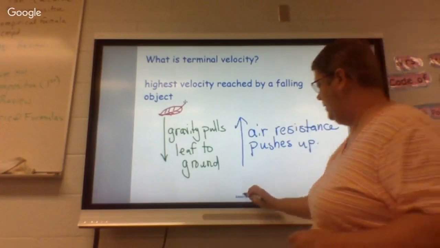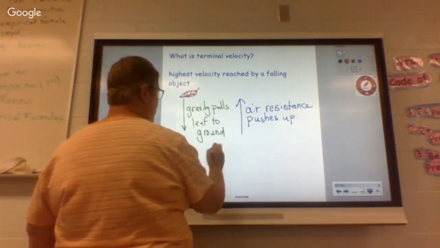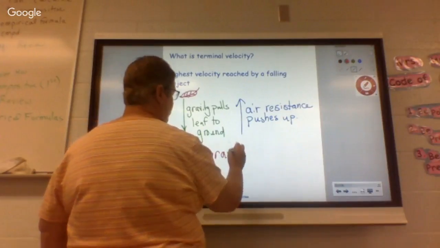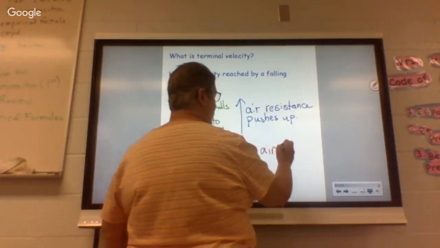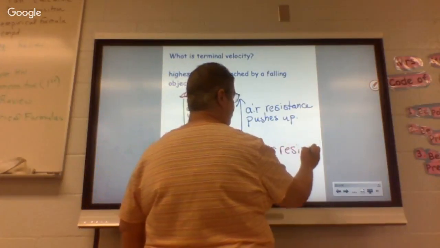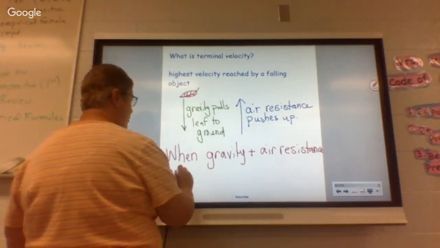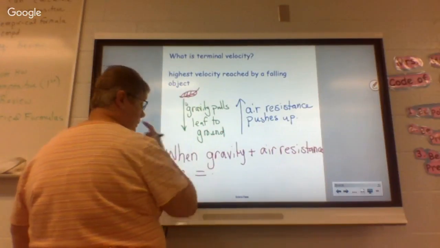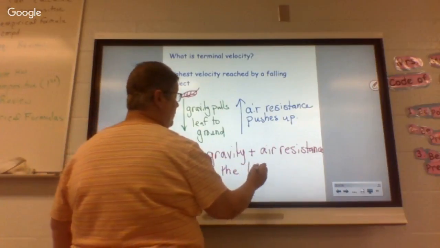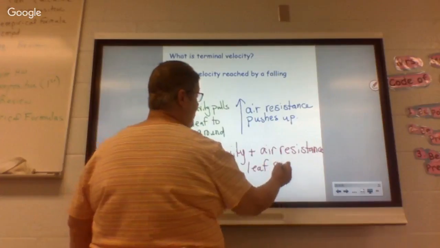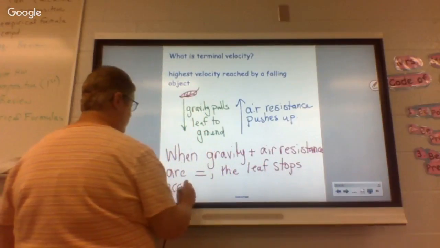Now, when gravity and air resistance are equal, the leaf stops accelerating.